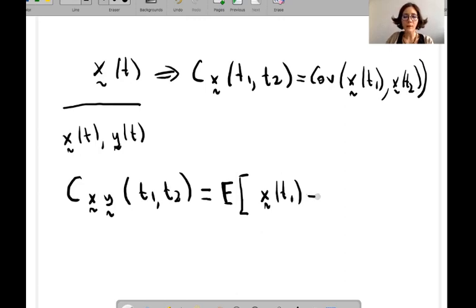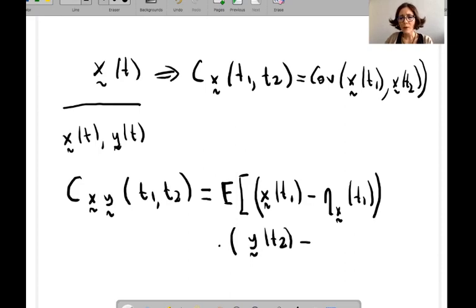I have to subtract its mean, the expected value of this, which is the mean function of the first random process evaluated at t1. And now I write my second random variable, so I multiply this with y at t2 minus the expectation of my second random variable, which is the mean function of y evaluated at t2.